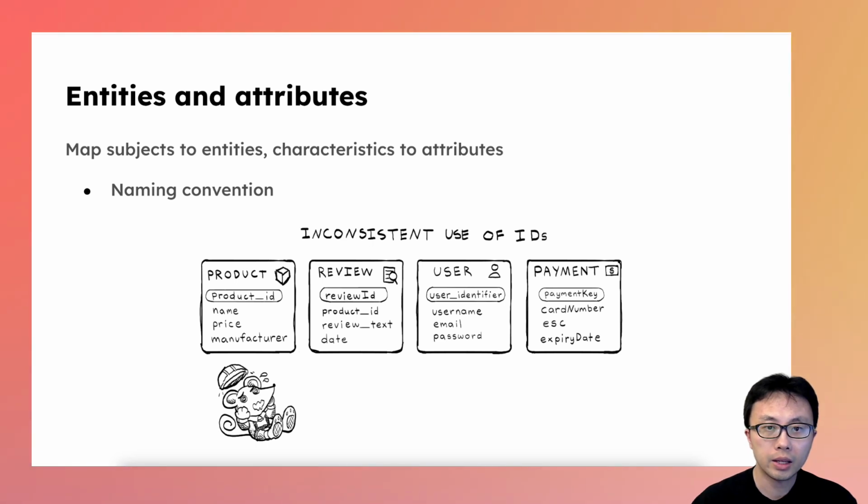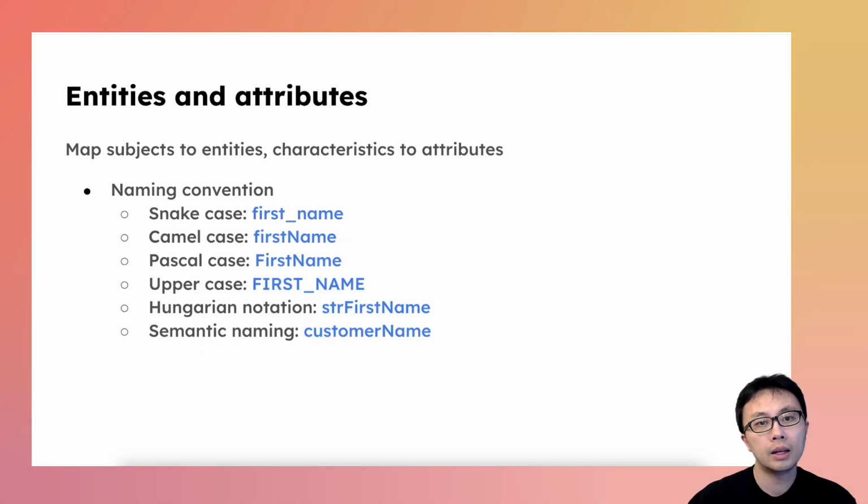Just think about the inconsistent usage of IDs and how much trouble that would introduce to the database admin, software developers who need to build on top of the database, and the analysts who need to extract data from the database. As a result, you are strongly recommended to pick one of the naming conventions and stick to it strictly.